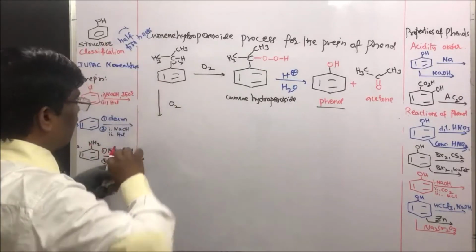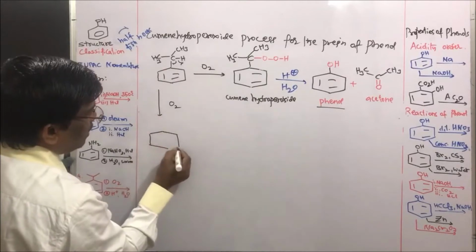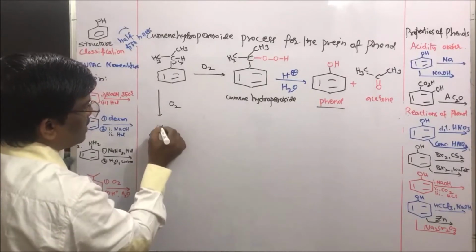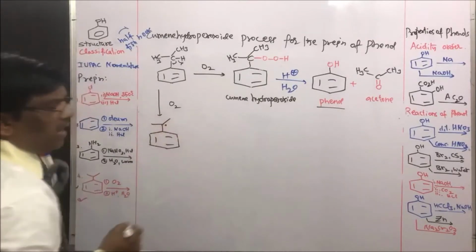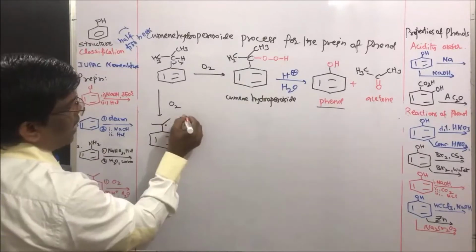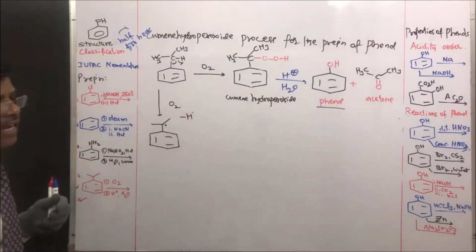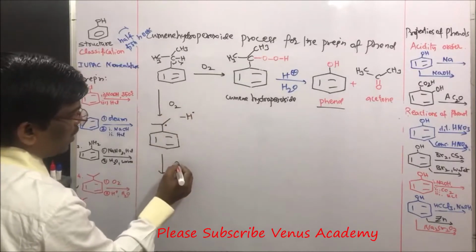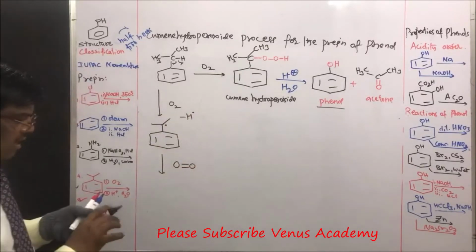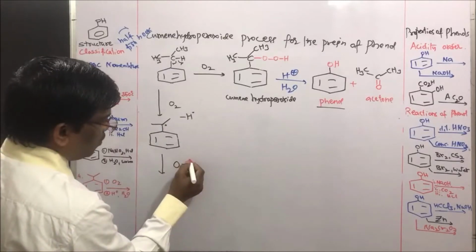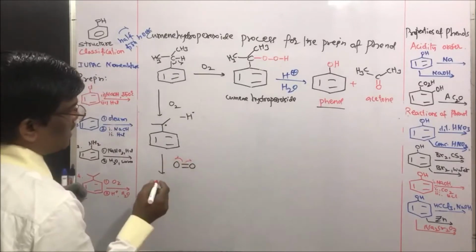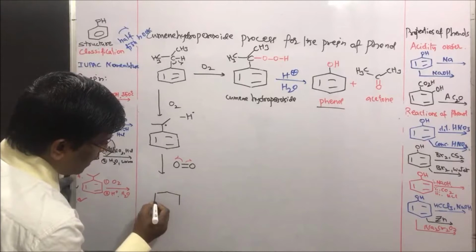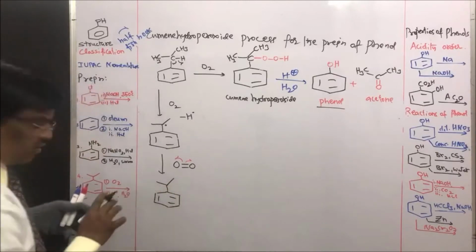So we get this cumene free radical, which is stable, minus the hydrogen free radical. This cumene free radical is going to take up oxygen, and this oxygen is going to undergo homolysis to give the hydroperoxide intermediate.